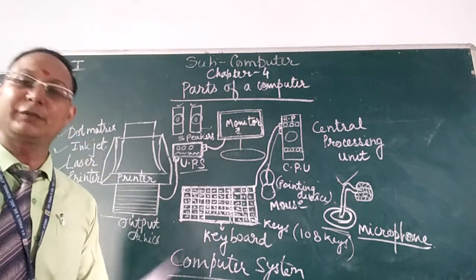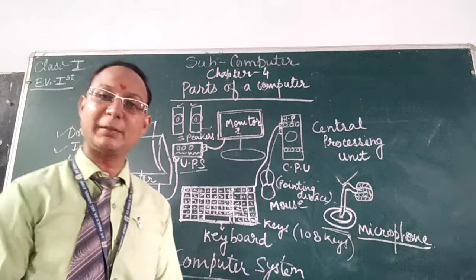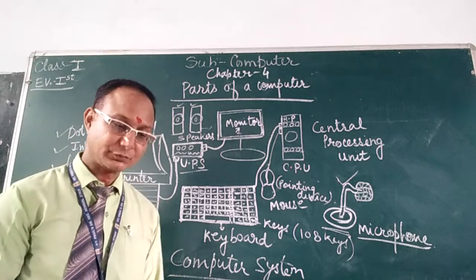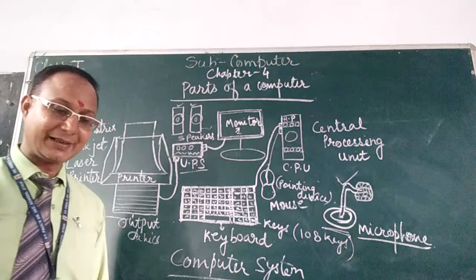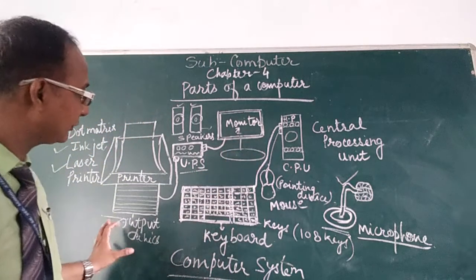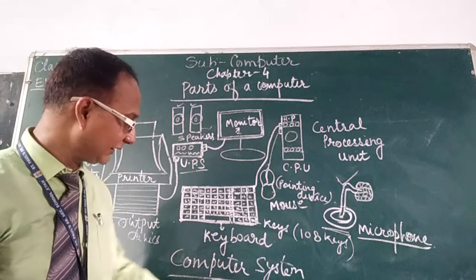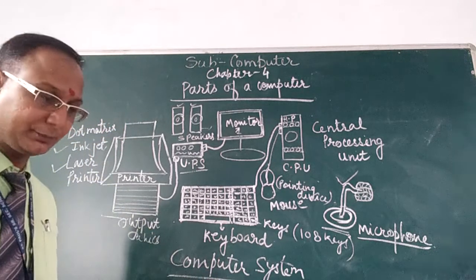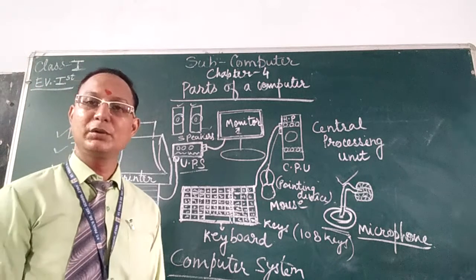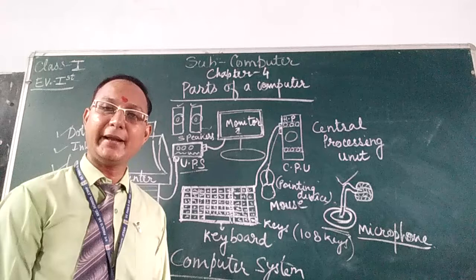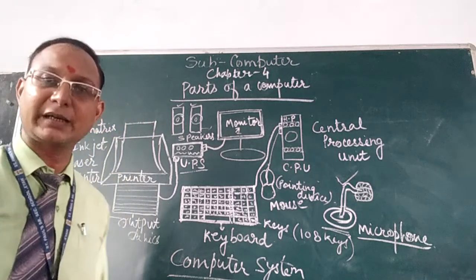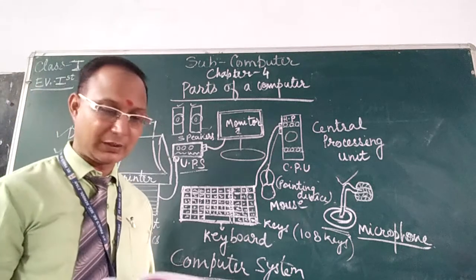Now, we will again revise the chapter with the important points. Listen well, children. Various parts are connected to make a computer system. Mouse, CPU, keyboard and monitor are the main parts of the computer, without which a computer cannot work.